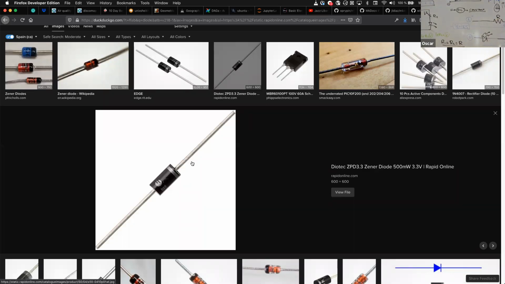Which of these LEDs shines brighter? Which of all of them?